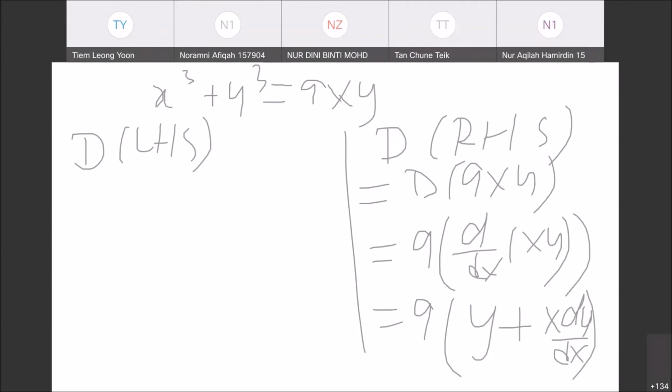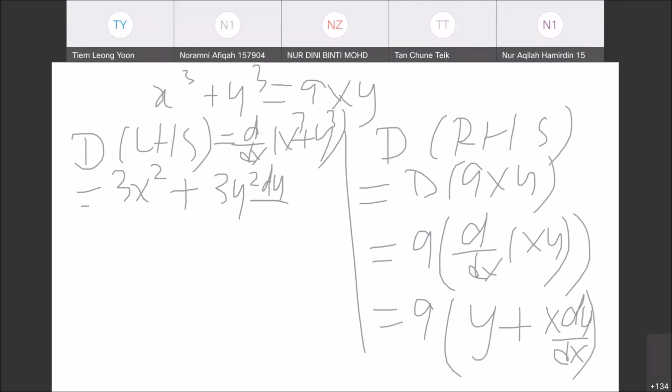Then now we come back to the left hand side. The left hand side is just the derivative of x cubed plus y cubed. The first term would be easy: d dx of x cubed is just 3x squared, right? Then the next term is 3y squared dy dx.